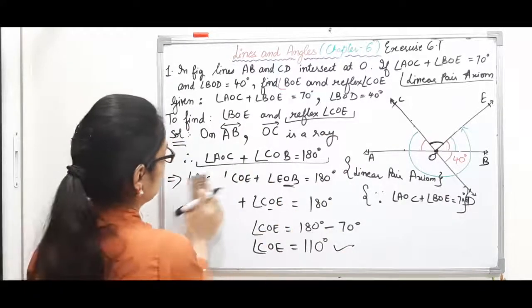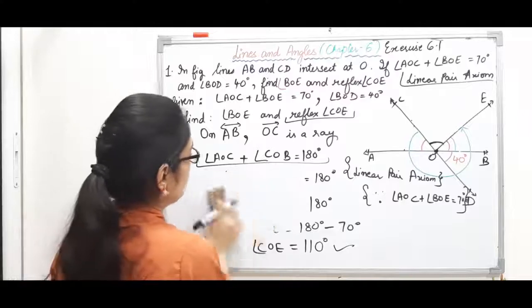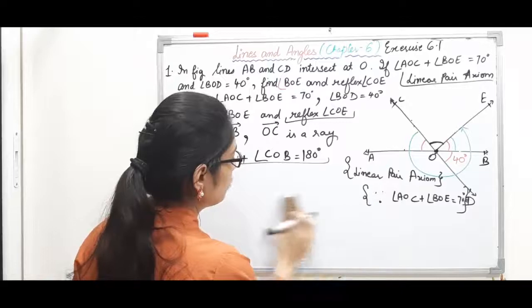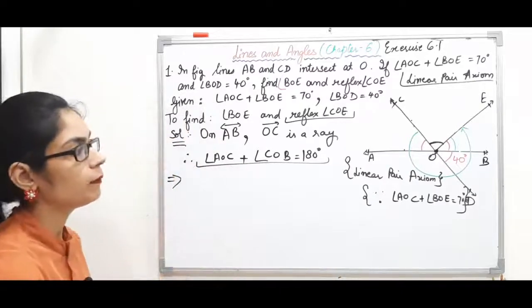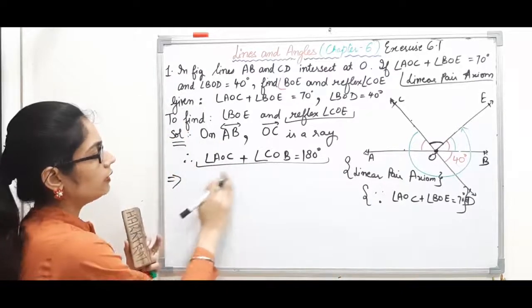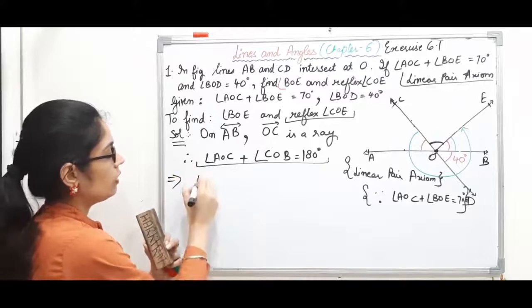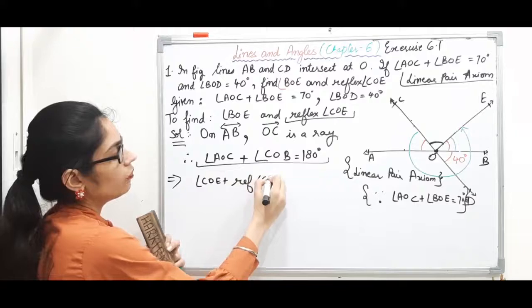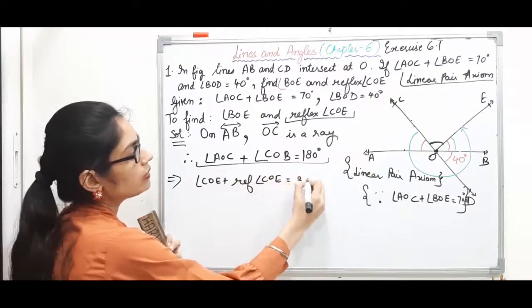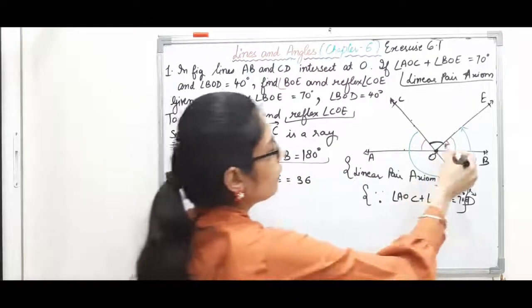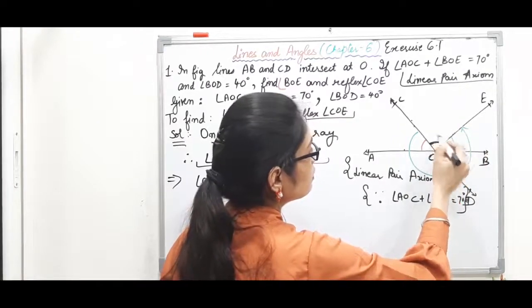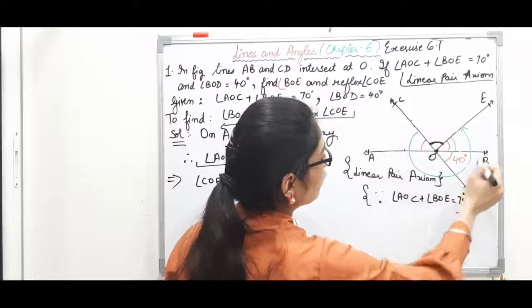How? Because while explaining the types of angle, I have explained one type as complete angle. So complete angle is angle COE plus reflex of angle COE, it is equals to 360 degree. If you see from here, this is COE and this one is the remaining reflex COE.